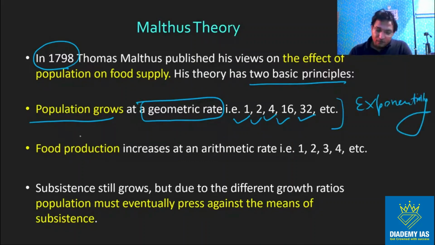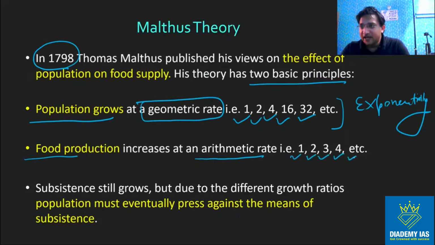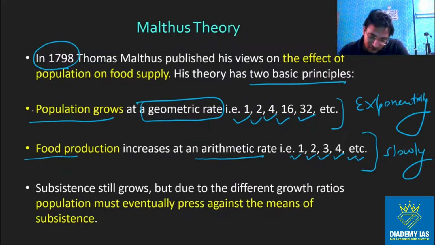But the food production or subsistence resources are increasing at an arithmetic rate: 1, 2, 3, 4, 5, 6, very slowly. Right? So there will be a time when the population level will cross the available food level.